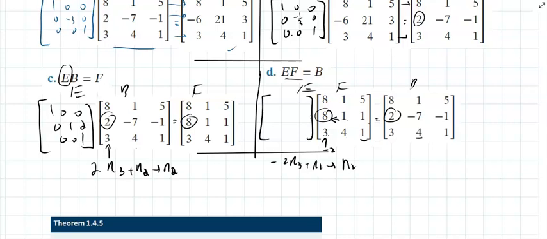Now, 1, 0, 0, 0, 1, 0, 0, 0, 1. If I multiply by a -2 and add it to that, the only thing that will change is that. And we already showed in the first example that if you multiply those two matrices, it's the same as doing this operation to that matrix.